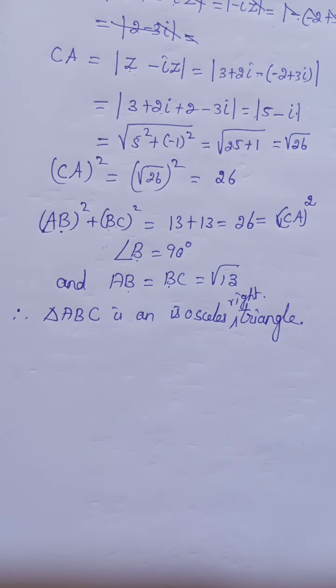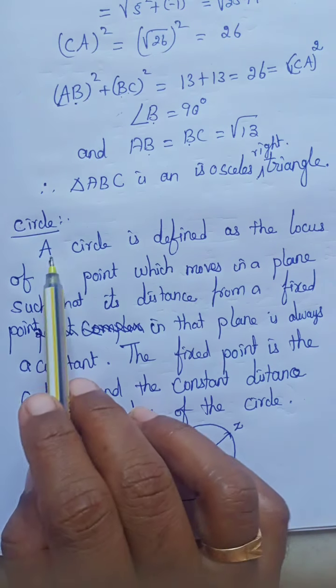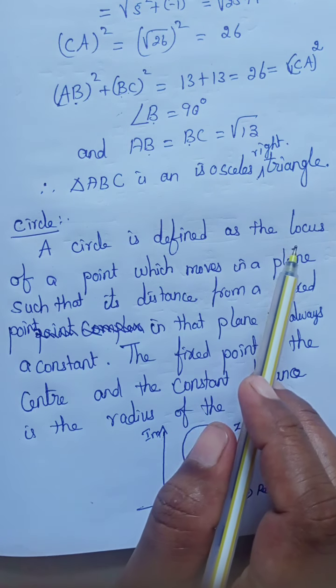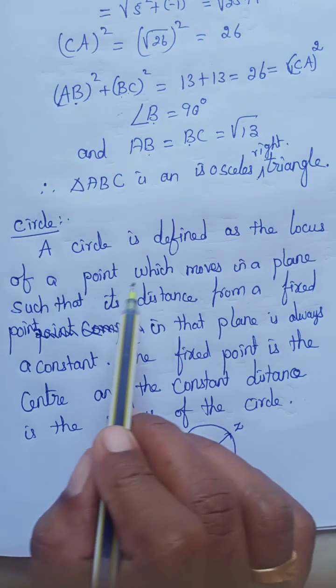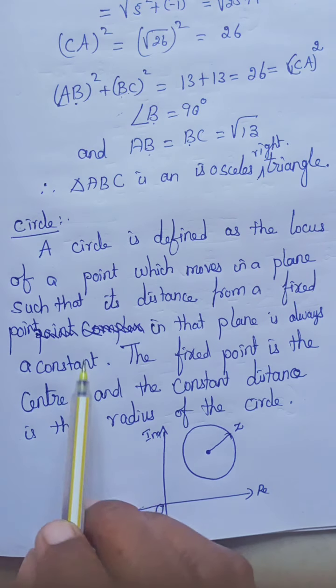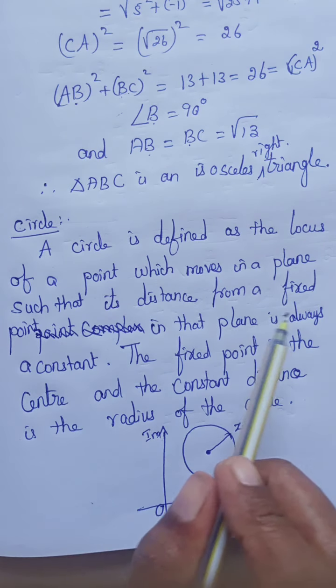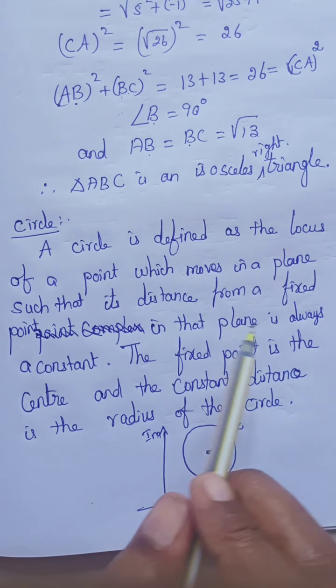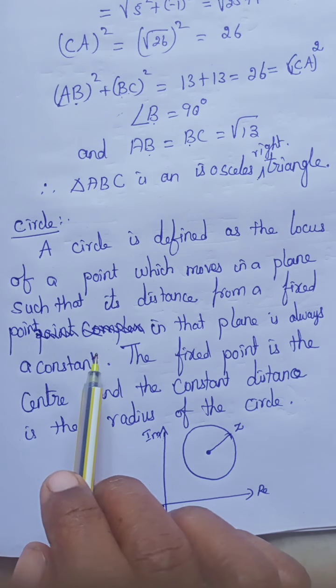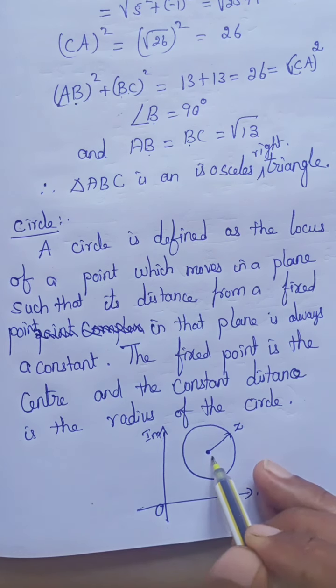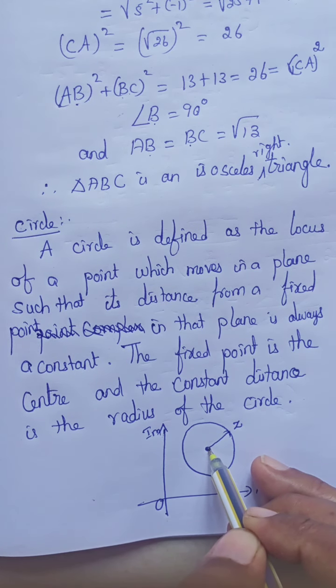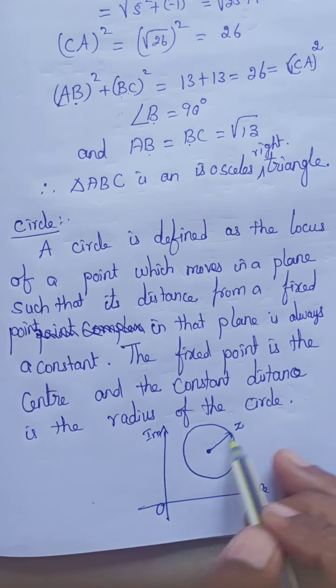Okay, now the next part we are going to learn is the equation of a circle in complex form. Listen, a circle is defined as the locus of a point which moves in a plane such that its distance from a fixed point in that plane is always constant. See, a fixed point is there with a common distance.